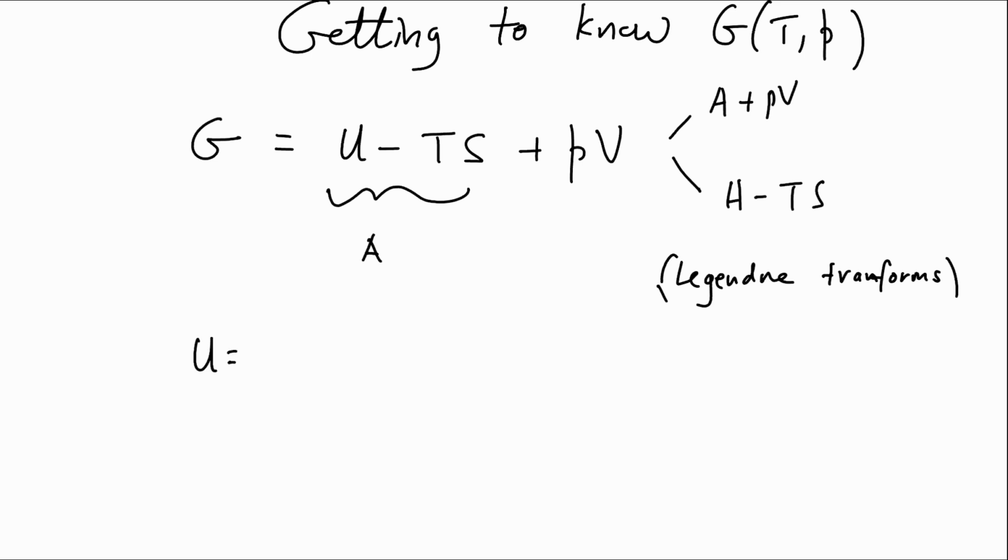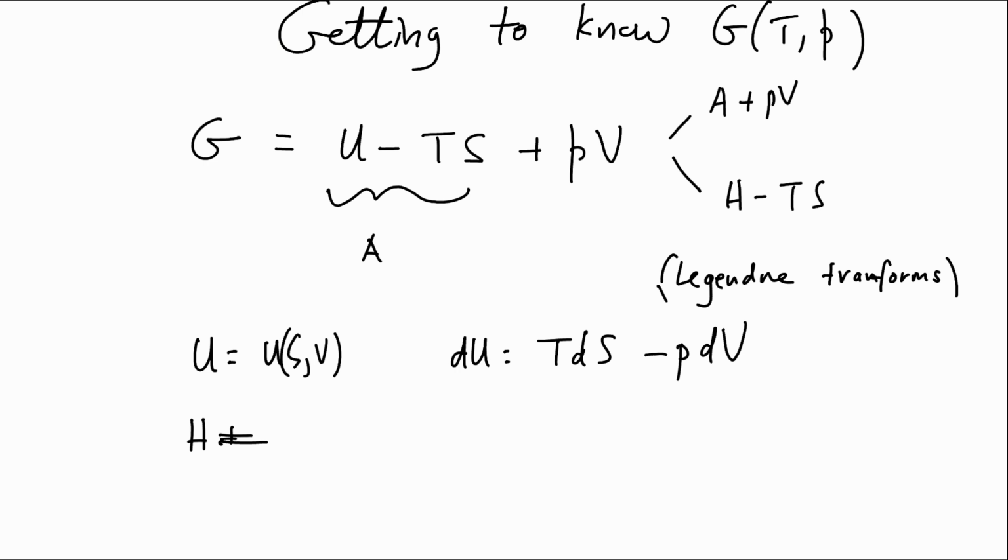Let's review here. We had U, which is a function of S and V, I claim, because dU is TdS minus PdV, right? And then I said, okay, I could have H equal to U plus PV, and then I got dH was TdS plus VdP, and the fact that I added PV to U canceled out the dV and replaced it with a dP, right?